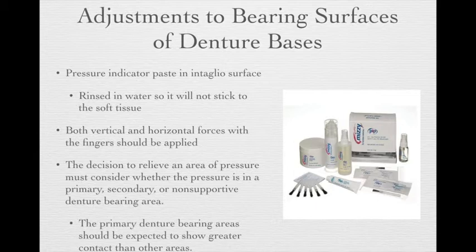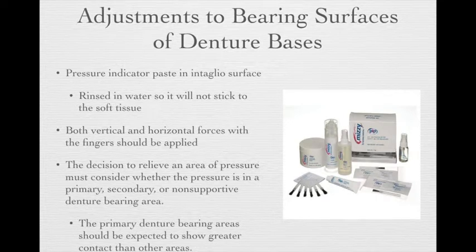If the location is on the primary supporting denture bearing area or the secondary one, you might be able to keep it, because the partial denture still needs to rest over the tissues. It shouldn't float over the tissues. However, when the show-through spot comes out on the non-supported denture bearing areas, then you should remove it all the way.